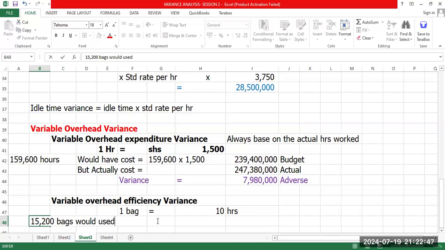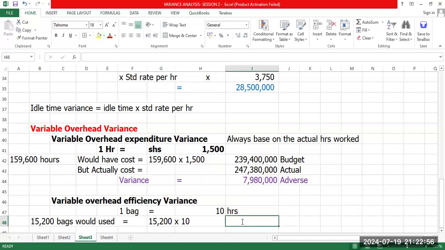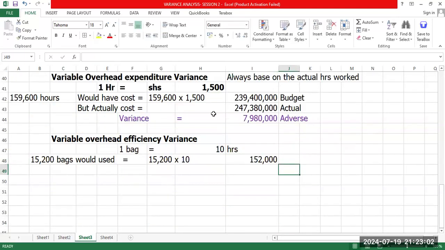They would have used how many hours? Get 15,200, then multiply by 10. And then what do you get? That's what I have. This is time in terms of hours.